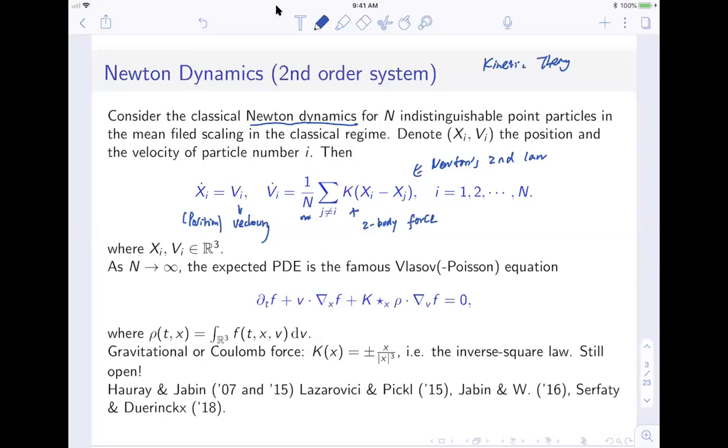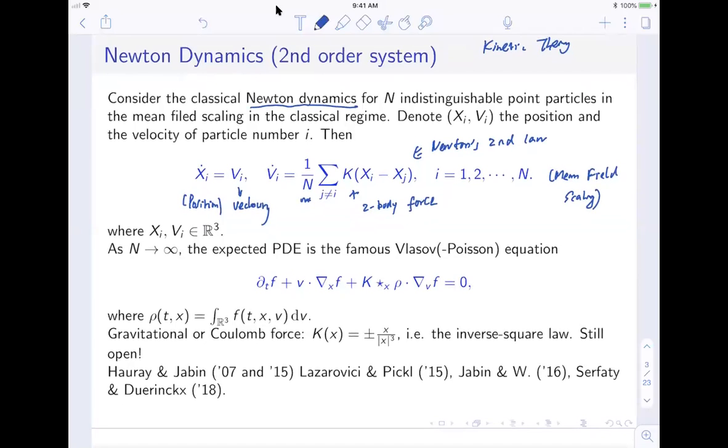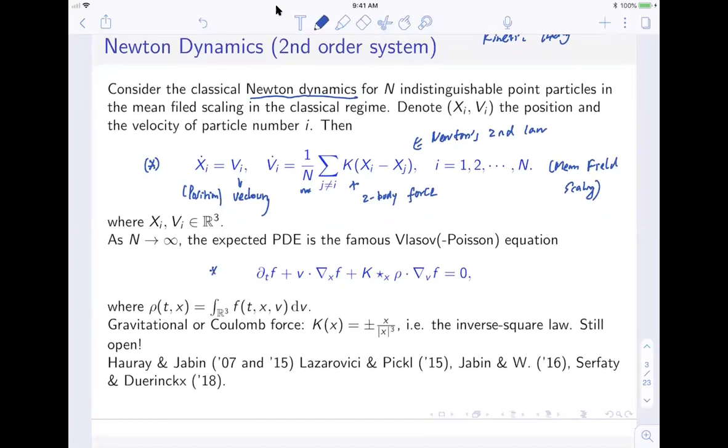So formally, if we send the number of particles to infinity in this Newton dynamics, we can recover one very well-known kinetic PDE, a Vlasov type PDE.